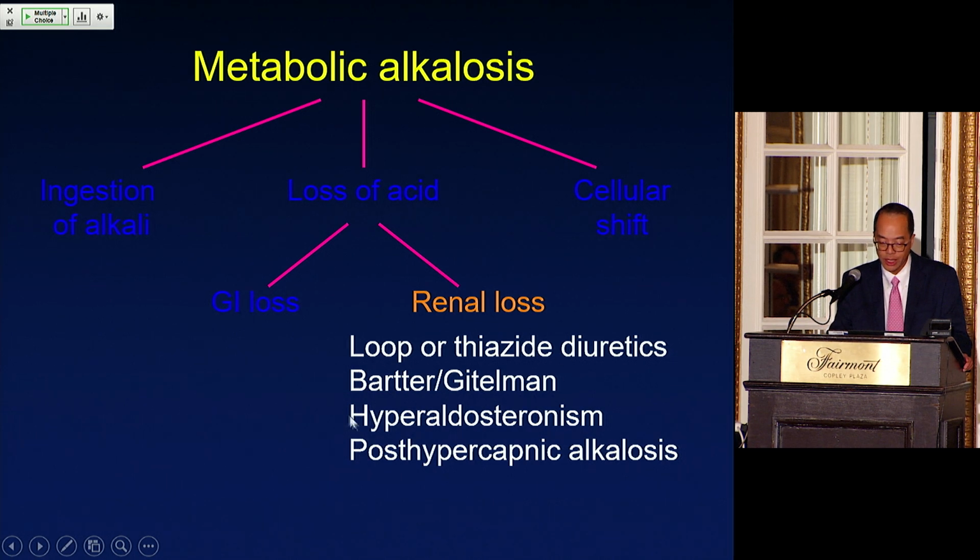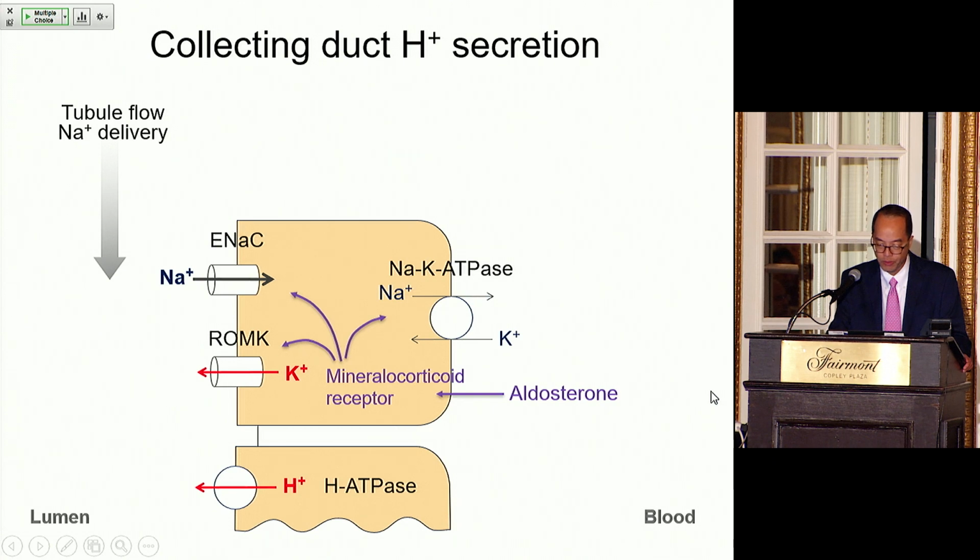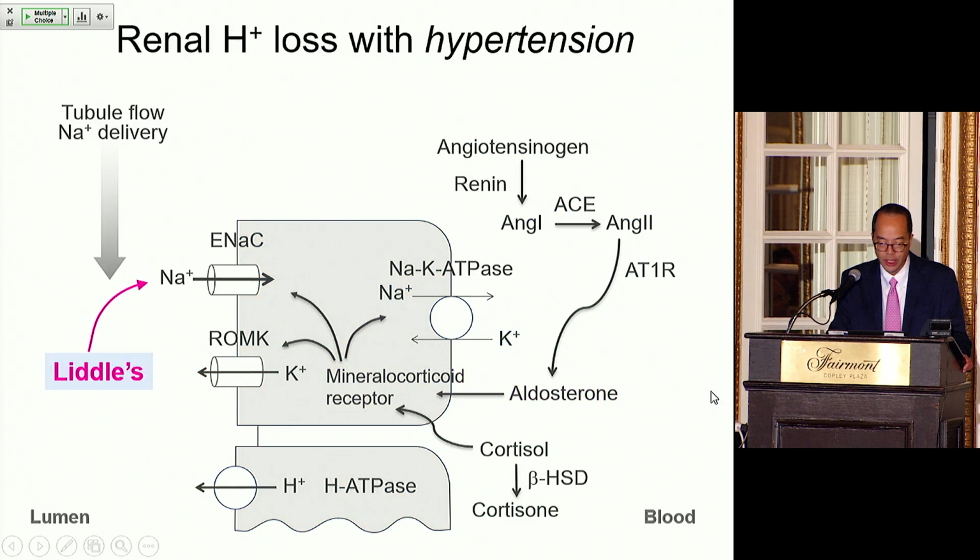You can also get this if your aldosterone levels are too high, or you have one of those conditions that mimics high aldosterone. And then you can get something similar, in this case, due to the persistence of a normal renal response to respiratory acidosis, which is called post-hypercapnic alkalosis. So this again explains how these renal acid losses work. I'm not going to go into this in any detail.